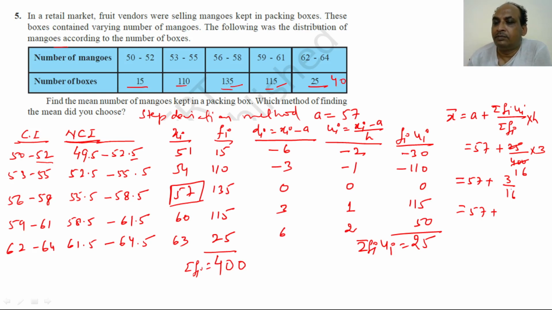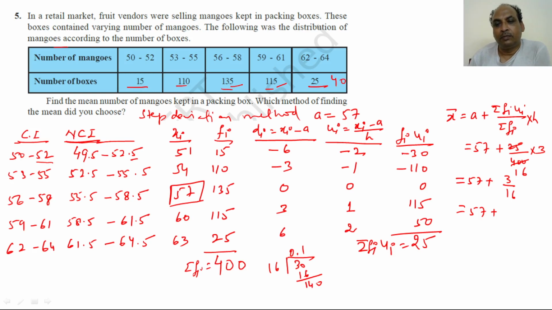So this will give us 0.1, right? Because if we are dividing 30 with 16, so first of all 0 point will come, then 1, then 14.